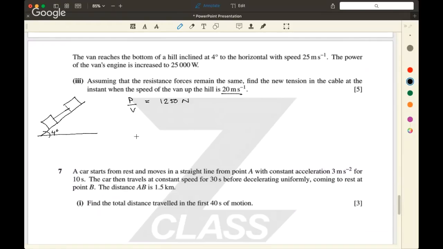Now what's happening at the trailer? Well, the net force on the trailer is going to be equal to the tension pulling it up minus mass of the trailer times g times the sine of 4 degrees, because remember the masses are acting like so.